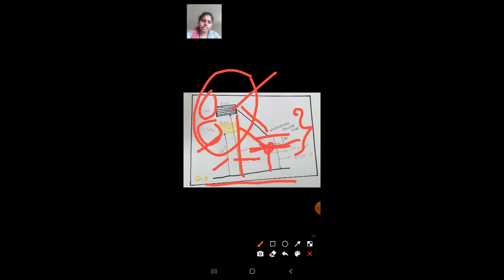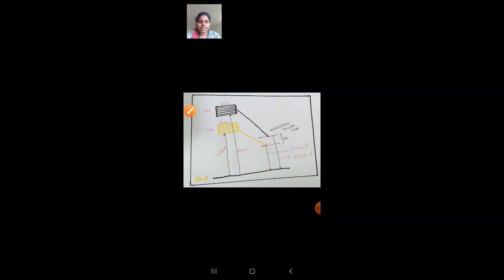Here this is a metastable state, so the particle has a longer lifetime, 10 to the power of minus 8 seconds. After this lifetime, they fall down to the ground state.